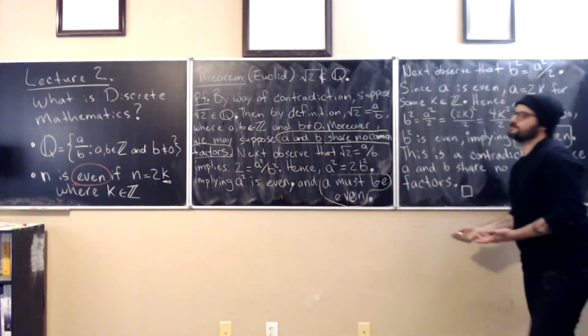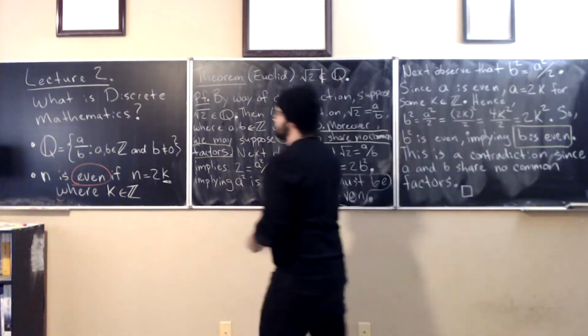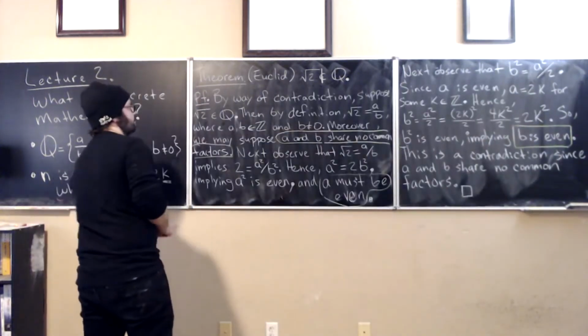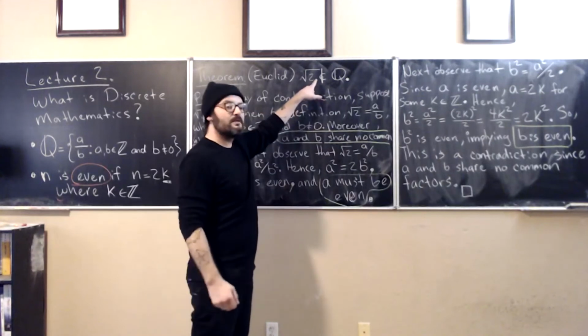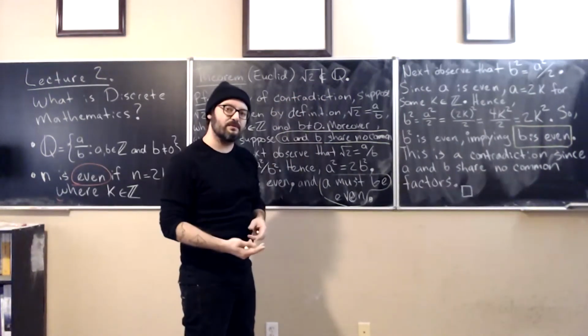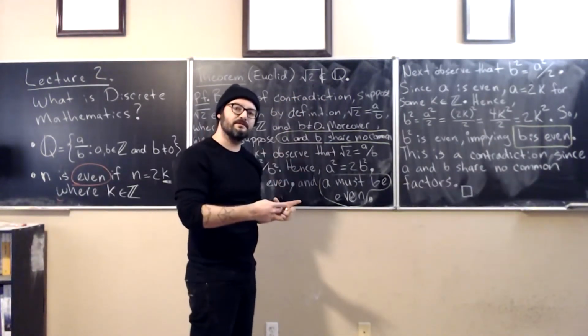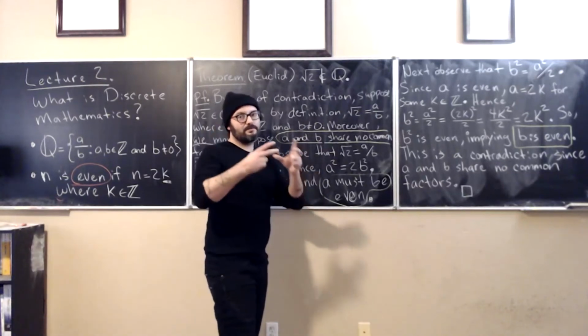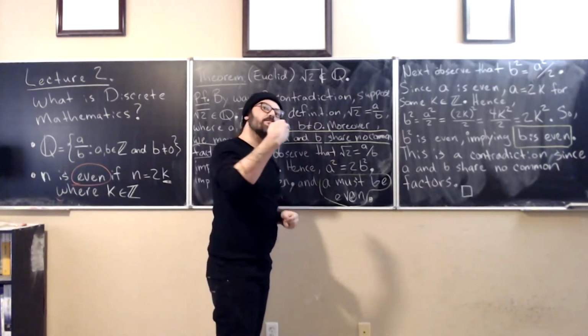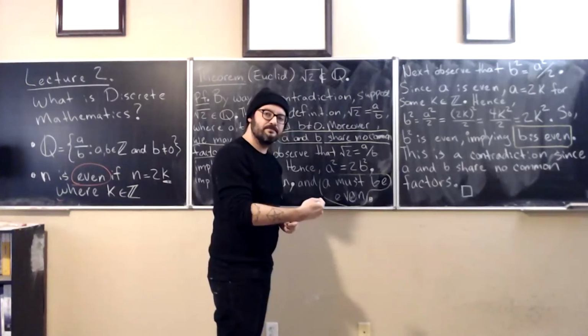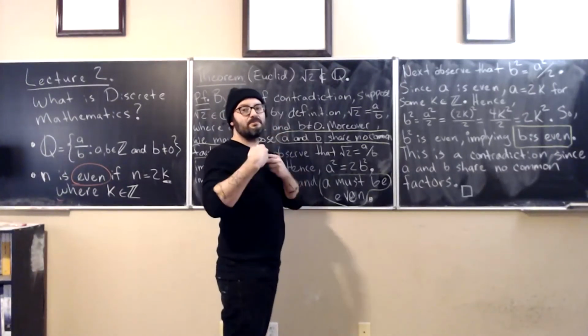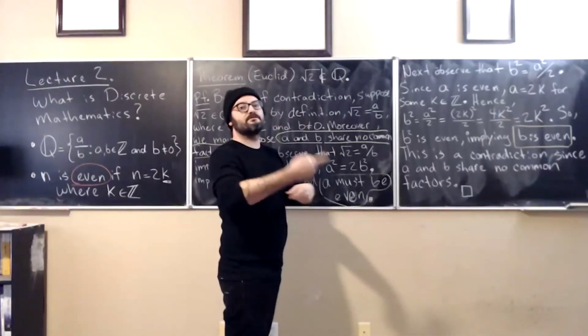Why is it the end of the proof? Well, looking up here to the original statement, logical propositions are either true or false, right? And if a proposition is true, then the opposite of it must be false. If the opposite of a proposition is true, then the original is false.